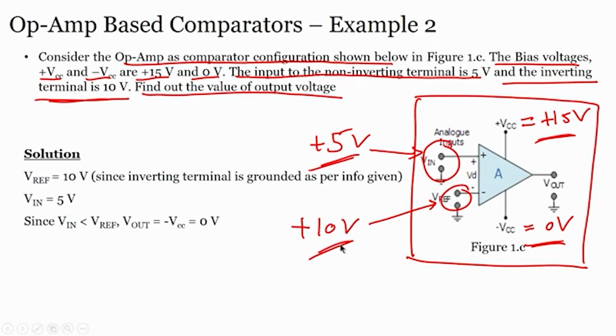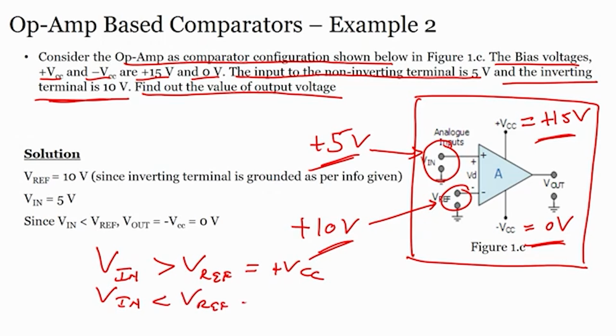In this case, let us again see what the condition was. V in greater than V ref gives plus VCC, V in less than V ref gives minus VCC, right. This is the condition. You see this is V in, this is V ref.